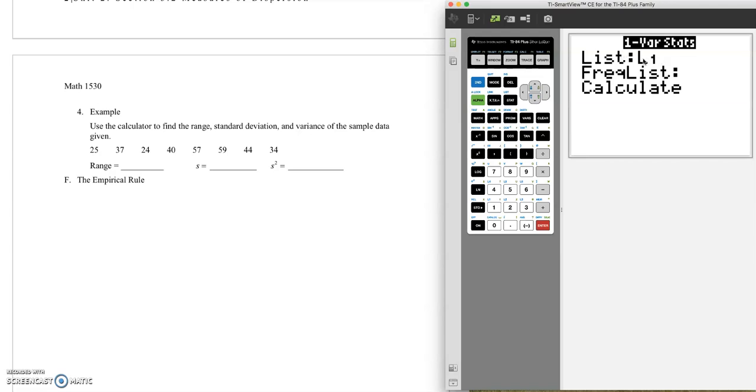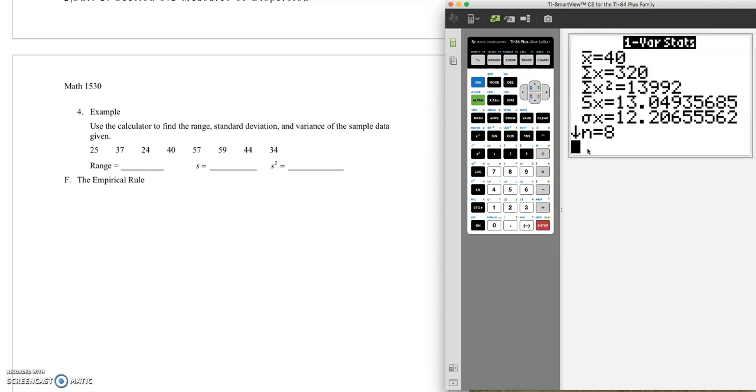Remember, list is whatever list I put my data in, and I put mine in L1. Frequency list should still be blank, and now we're going to tell it to calculate. So you notice x bar is the very first thing. The second and third entries on this output list we can ignore. Sx, that's our sample standard deviation. So we always want to use Sx unless the problem tells us that it's a population, or sometimes there will not be an Sx.